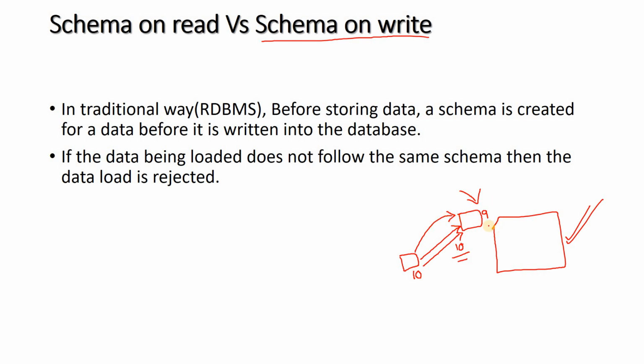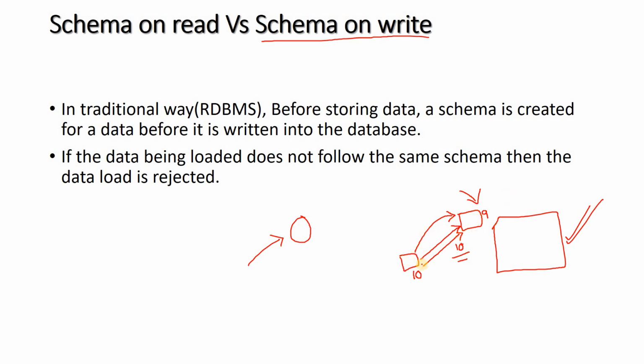That is one more problem. But in the agile world nowadays, when we are working on a project, ingesting the data and simultaneously working with the business team to understand the business requirement go on in parallel. Now in that kind of case, the user doesn't know which columns are required from the source system.